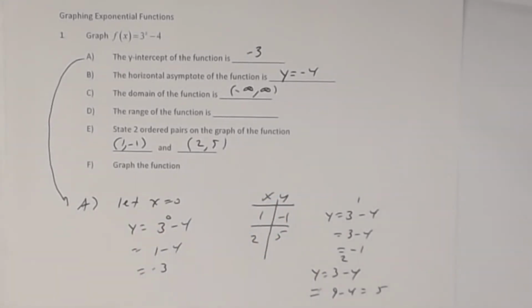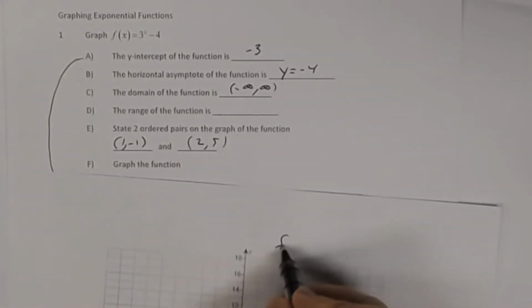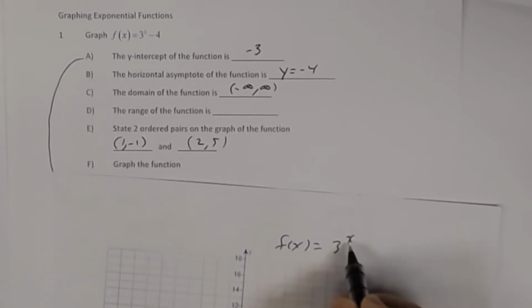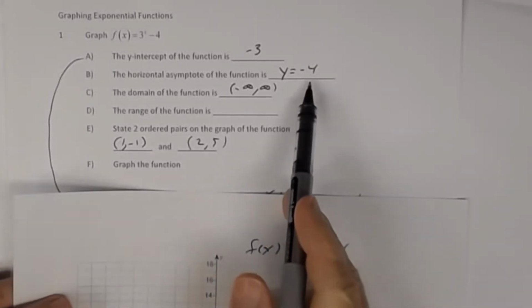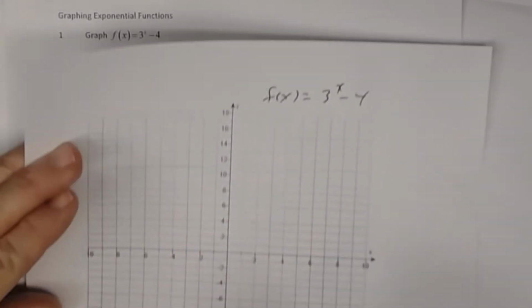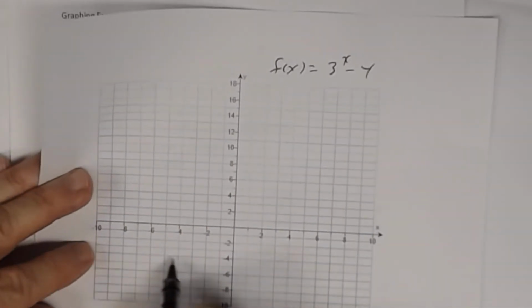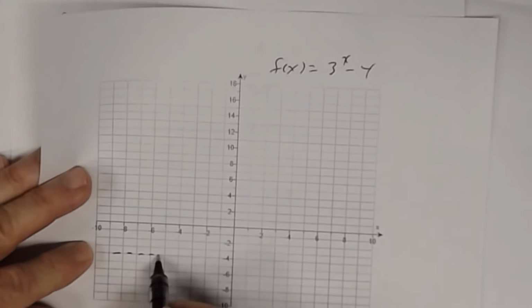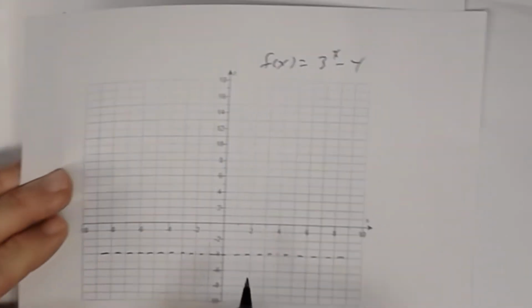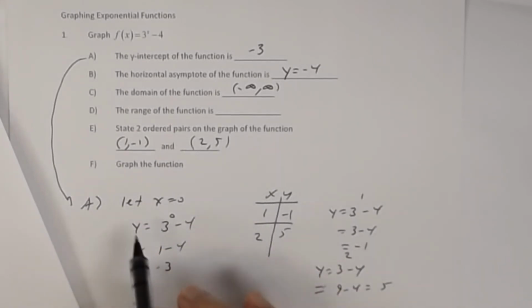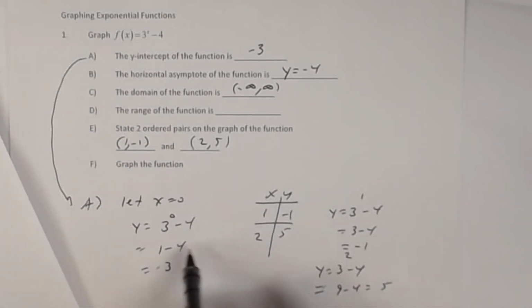And I'm going to use this information to help me graph f of x equals 3 to the x minus 4. Okay? The first thing I know is that the horizontal asymptote is y equals -4. So we're going to draw the horizontal asymptote. Make sure you do that. Remember that dotted line, y equals -4. And then we're going to use these points to help us draw the graph.